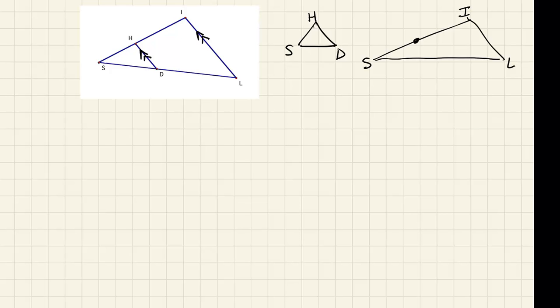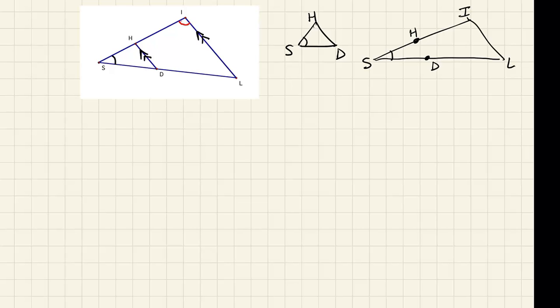There's a point here that's an H, and a point over here that's a D. Not drawn to scale very well, but hopefully you get the idea. You have the small triangle and the big triangle. They share this angle S.